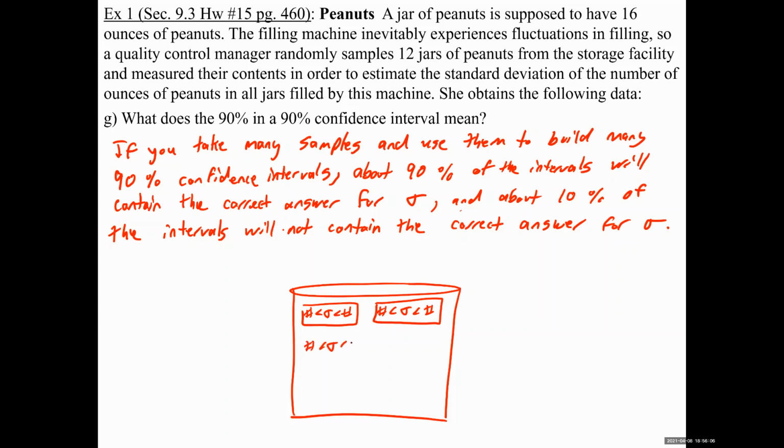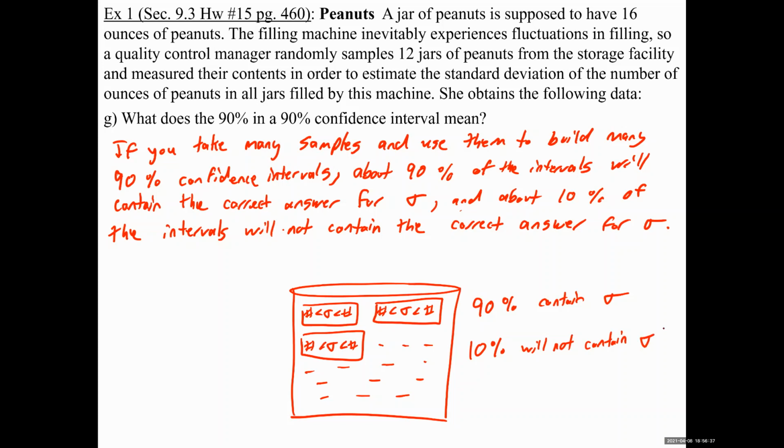Imagine you keep doing this, another 12 jars, another interval, write on an index card, and fill this bag up with millions and billions of index cards. Each index card has a confidence interval in it, okay? And what do I know about the contents of this bag? I know that 90% of the intervals are going to contain sigma, and 10% will not contain sigma.